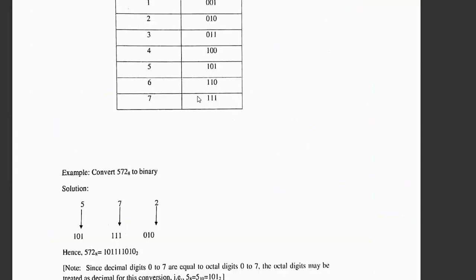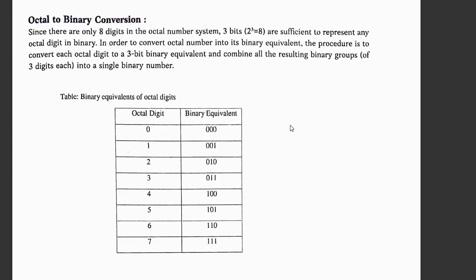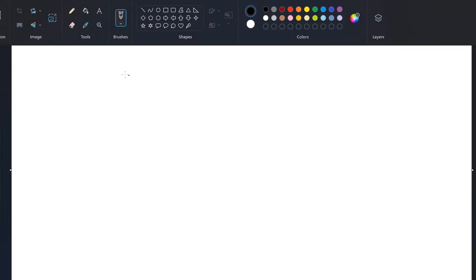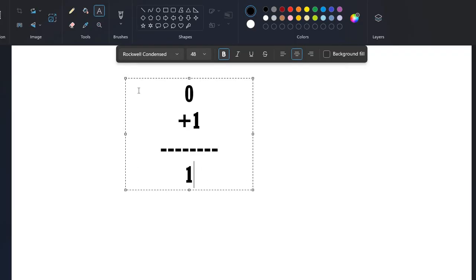Before studying all these things, you need to know how to calculate the binary numbers, or how to add binary numbers. Suppose we have one binary number, 0, simply. 0 plus 1, how much will be the value? 0 plus 1 will be 1, right?